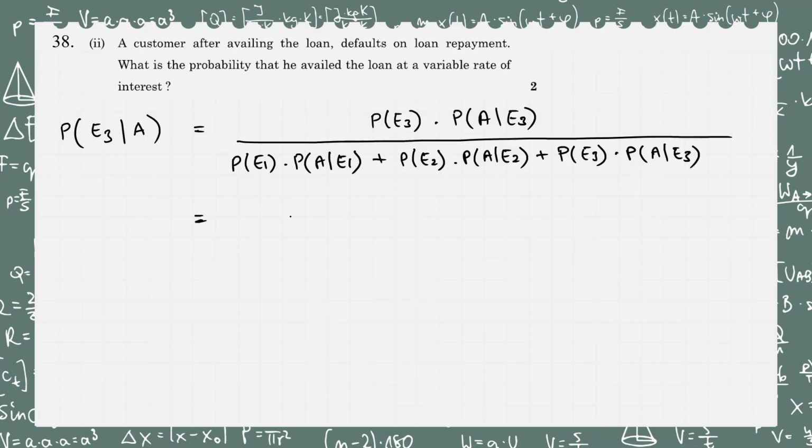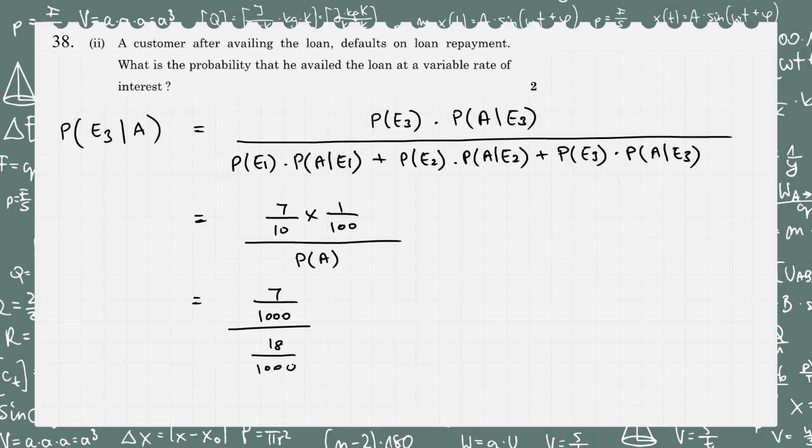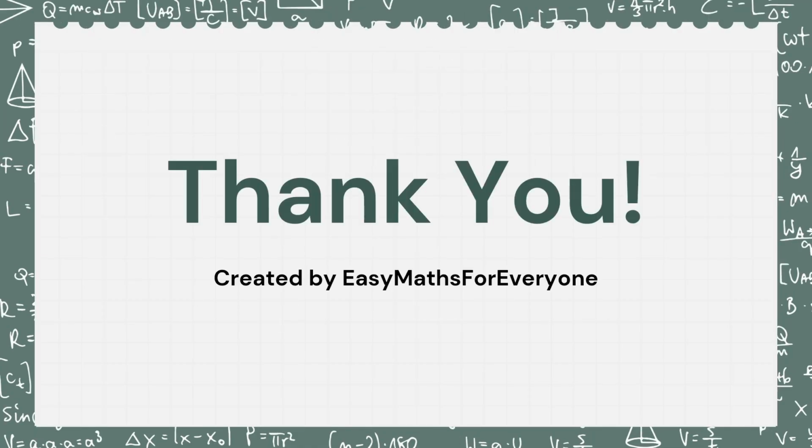So P of E3 is 7 by 10 and P of A given E3 is 1 by 100, and the denominator's value is nothing but our P of A. We have already calculated this in the previous part. So this will be 7 by 1000 divided by P of A, which was 9 by 500, or we can take it as 18 by 1000 as well. So we can reciprocate and multiply 7 by 1000 into 1000 by 18. This will be 7 by 18. That's the end of this paper.